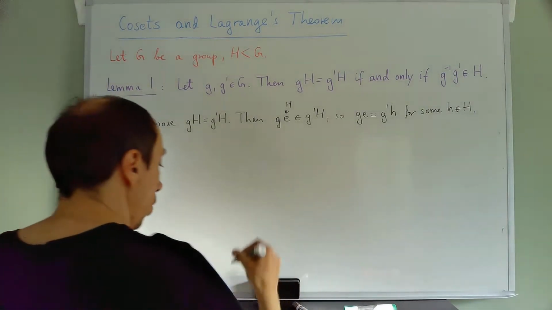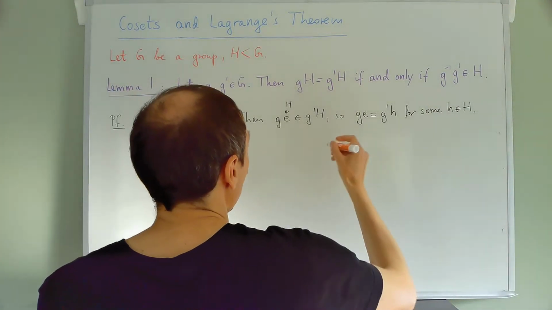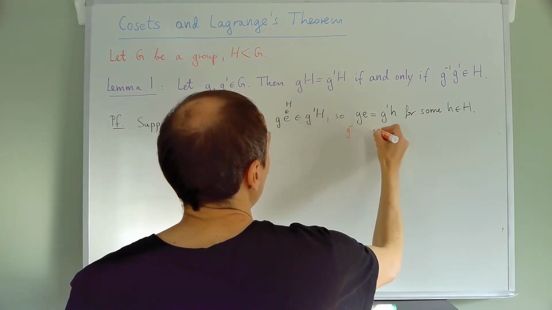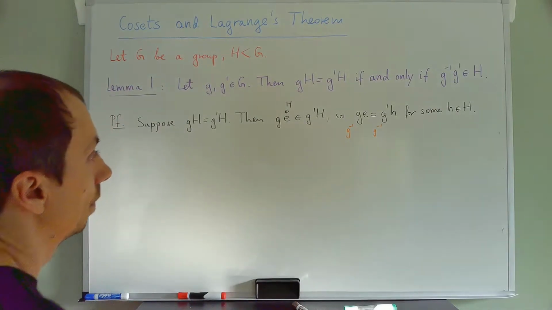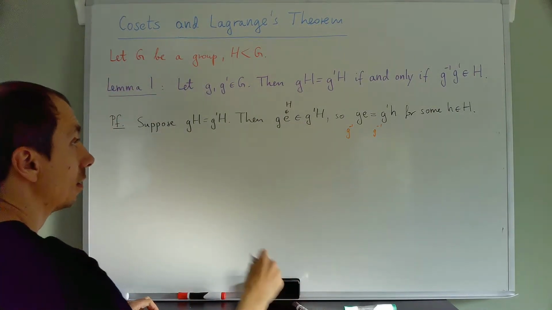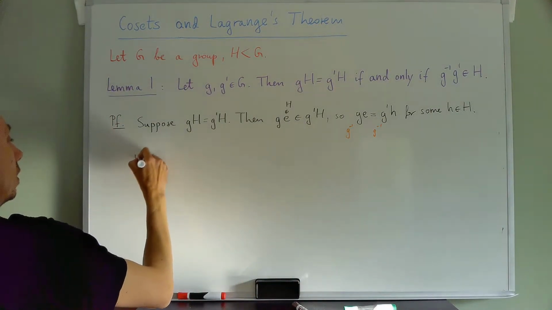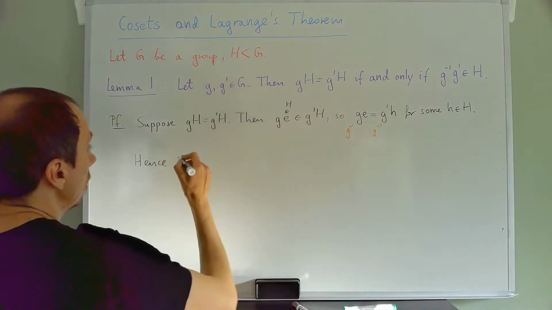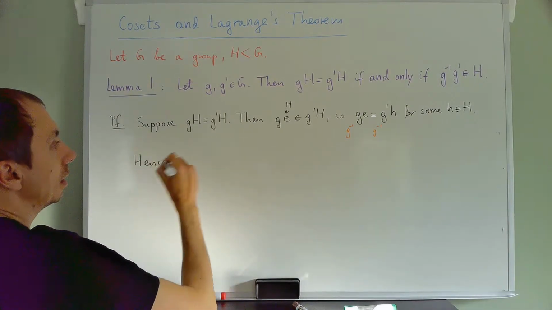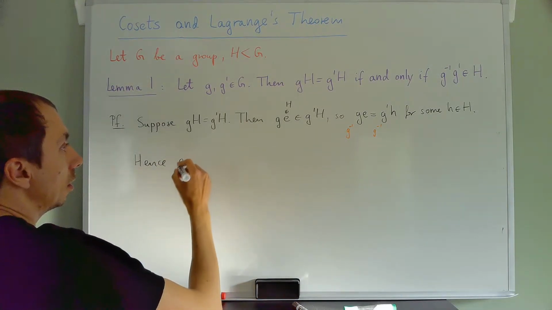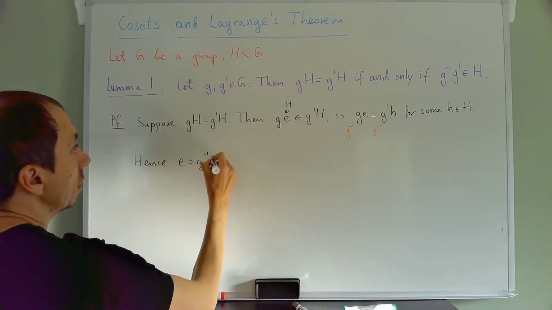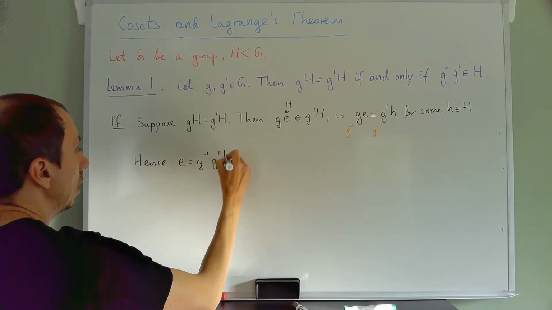So I'm going to multiply both sides here on the left by g inverse. So what do I get? Hence g inverse g, which is the same as e, is equal to g inverse g prime h.